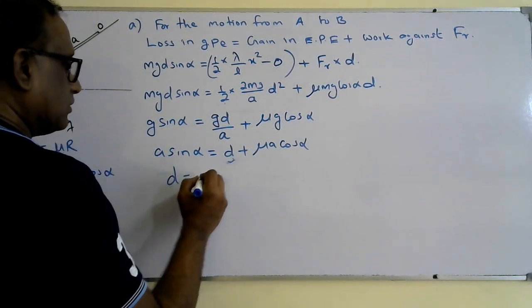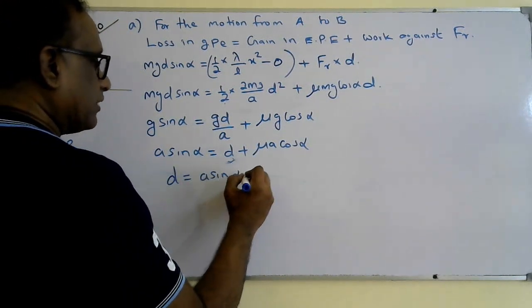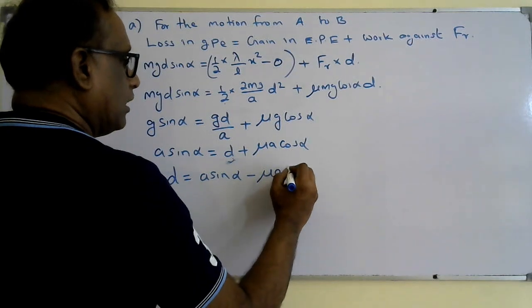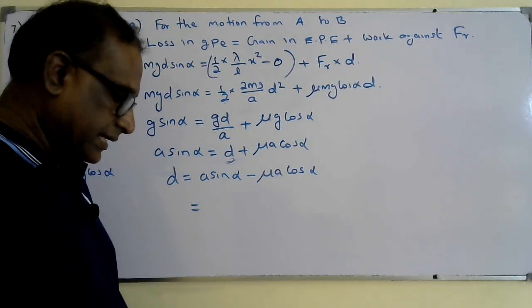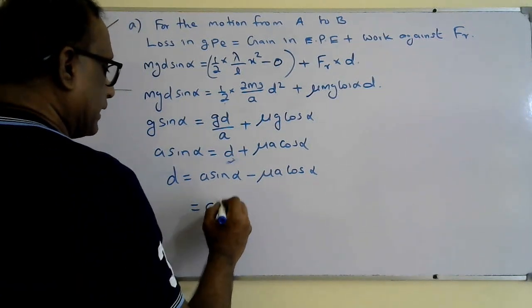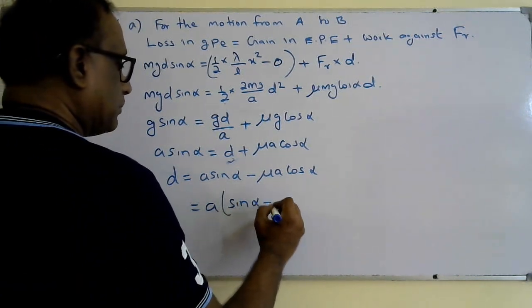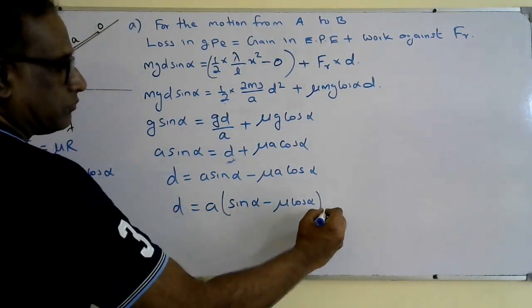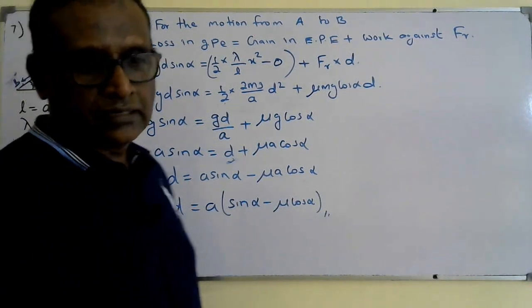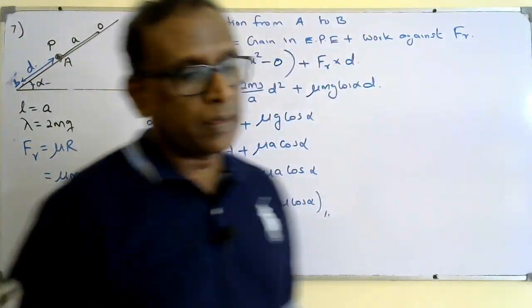So d is equal to a sin alpha minus mu a cos alpha. Taking a out, d equals a times sin alpha minus mu cos alpha. That is d, meaning AB. So I got it by using energy equations.